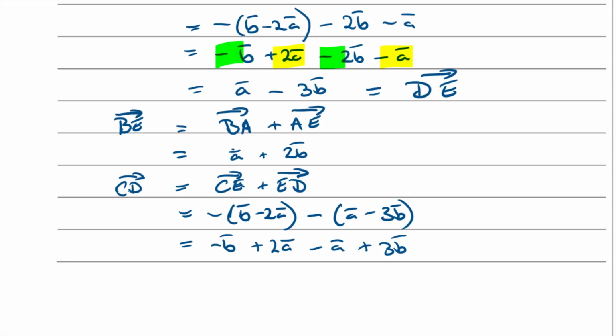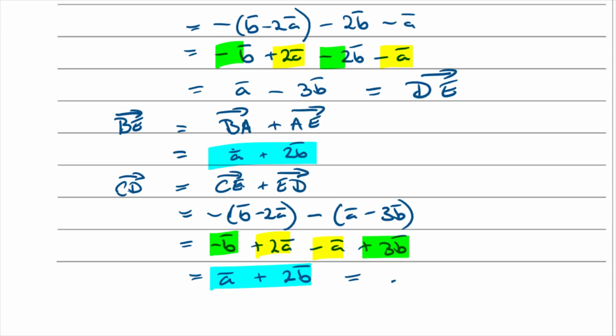I've got minus B and a positive 3B, and I've got a positive 2A and then a minus A. So that gives me A plus 2B, which you'll notice is the same as that one. So again, I can say that is the same thing as B to E.